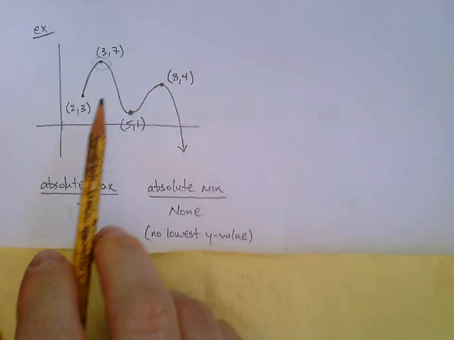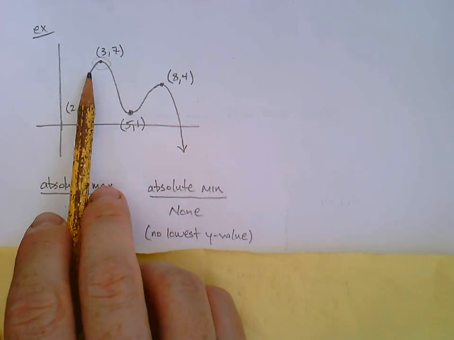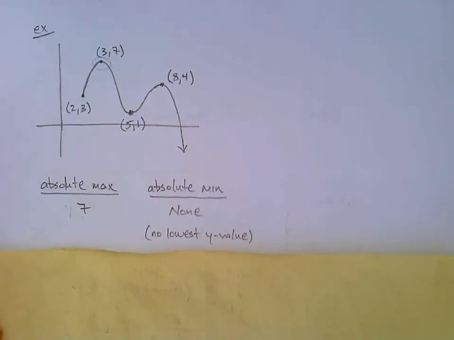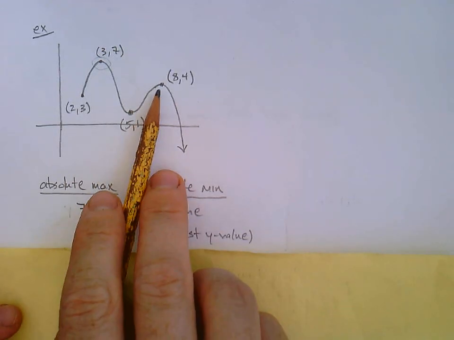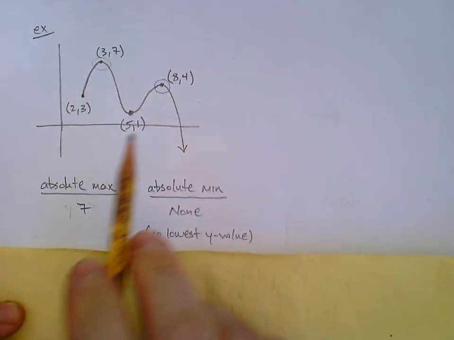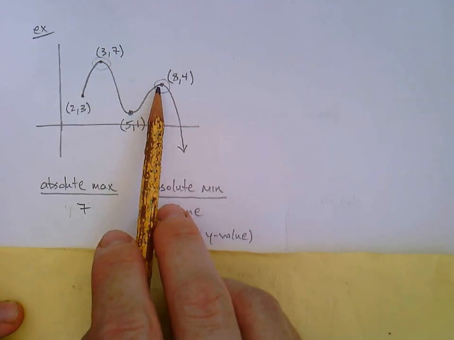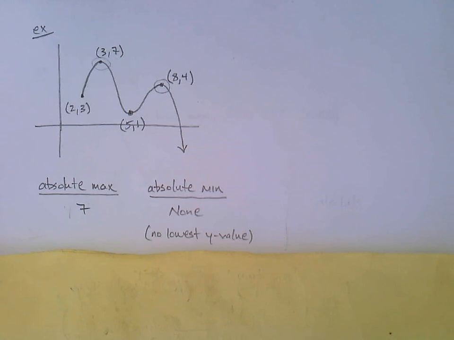Truth is, it's the highest one on the entire thing, but if you just think of its neighborhood, it's the highest of the points nearby. The same is true here at (8, 4). That's a local max because it's the highest of all the points nearby. So both (3, 7) and (8, 4) are local maxes.